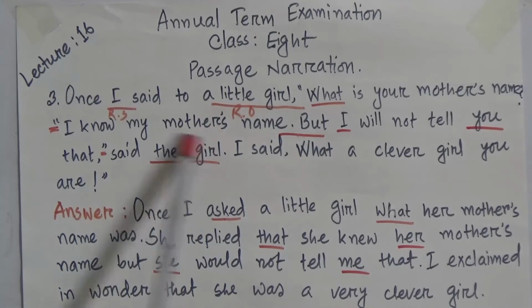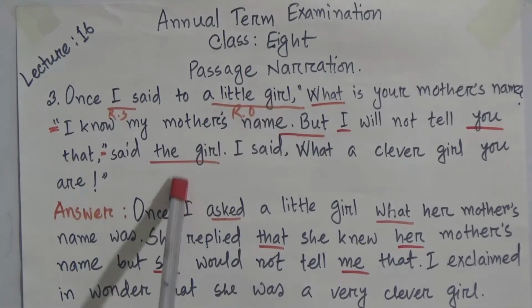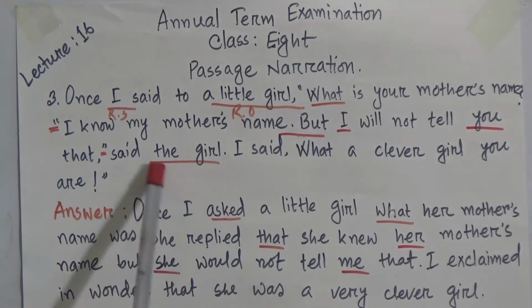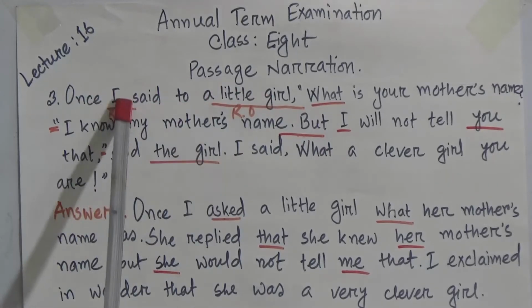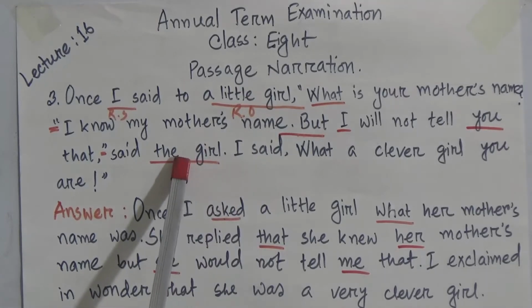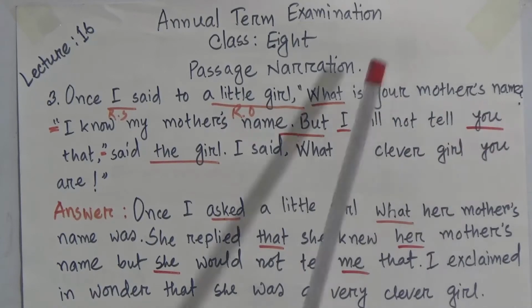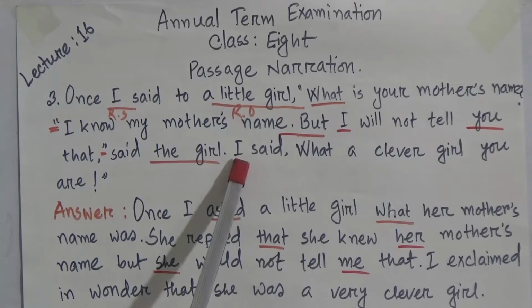In different sentences, the reporting verb's subject or object may be different. Such as in this sentence, the girl is the subject of the reporting verb. But here you can see that I is the subject of the reporting verb. So you have to identify it by yourself. And if you find any third person in the reporting speech, then the third person will not be changed. It would be the same.